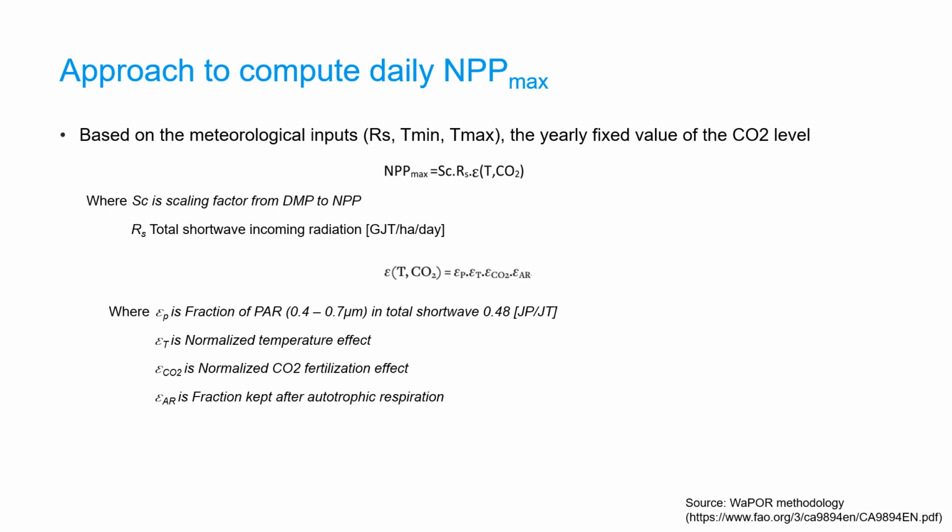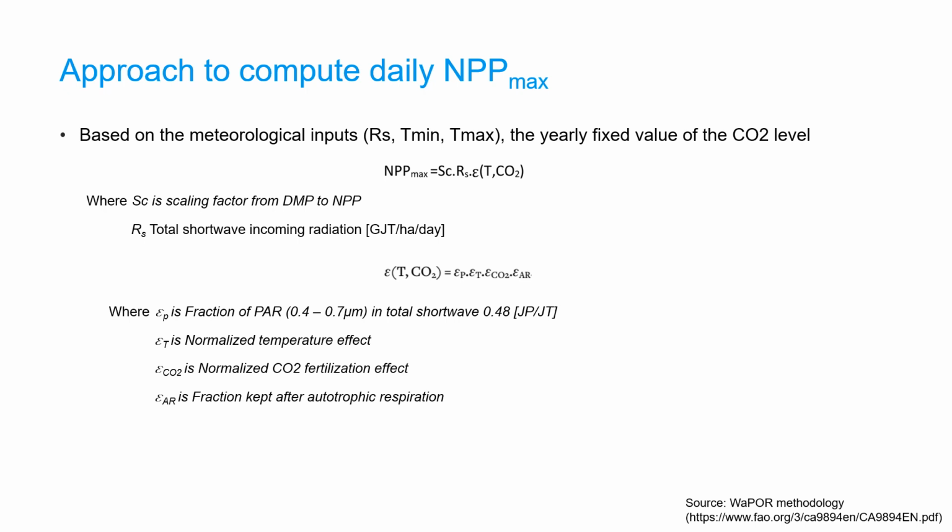The group of epsilon factors include 4 major factors representing the climatic and biophysical factors influencing net primary production.